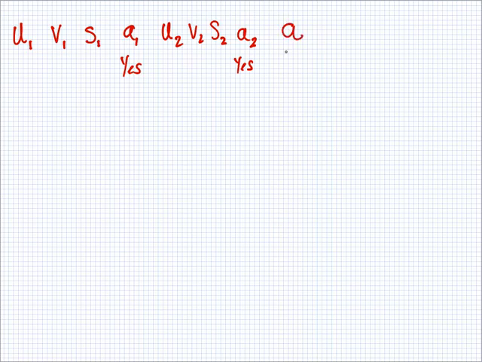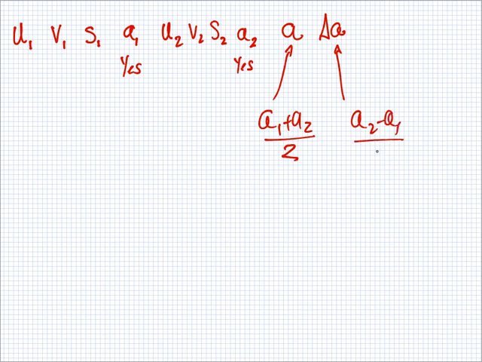Then we have A. How do we get this A? That would be A1 plus A2 over 2. What's the delta A, the uncertainty? A2 minus A1 over 2.